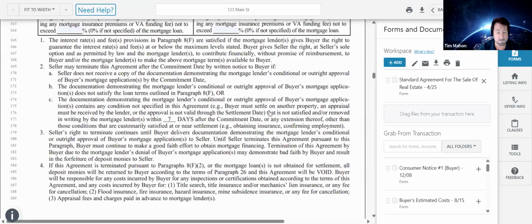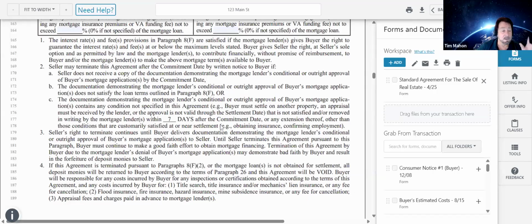For example, buyer must settle on another property, or an appraisal must be received by the lender, or the approval is not valid until the settlement date, that is not satisfied or removed in writing by the mortgage lender within 7 days after the commitment date, or an extension thereof, other than those conditions that are customarily satisfied.